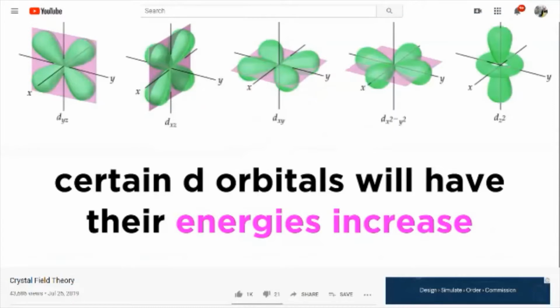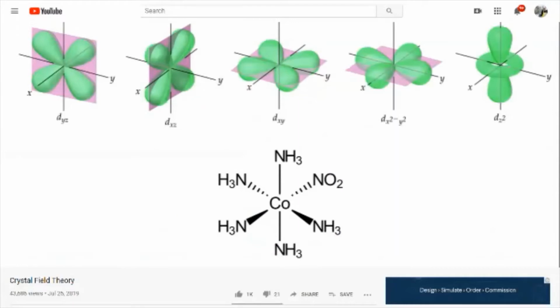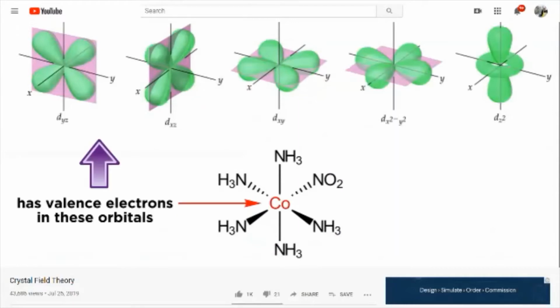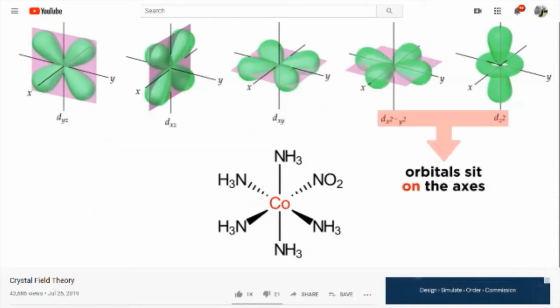To understand why, let's look at this octahedral complex, a very common geometry for coordination compounds. The central metal atom has valence electrons in these d orbitals, which when unhybridized look like this. We must note that two of the d orbitals, the dx squared minus y squared and the dz squared orbitals, have lobes that extend on the x, y, and z axes, meaning that electron density is sitting on these axes.